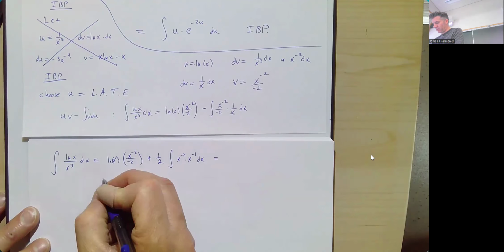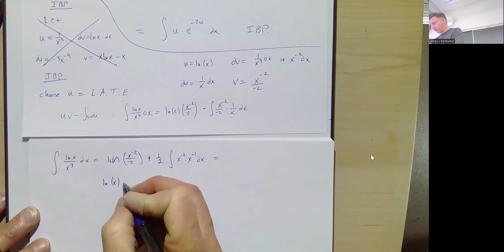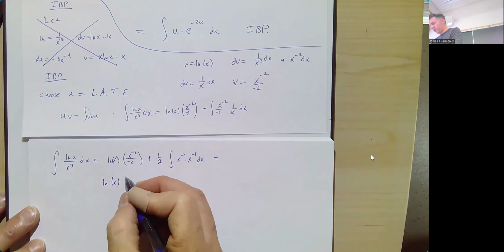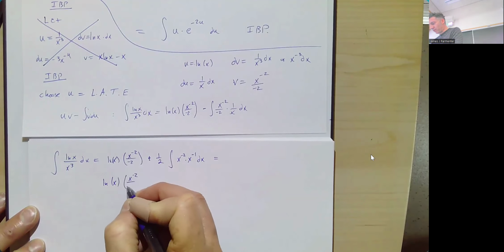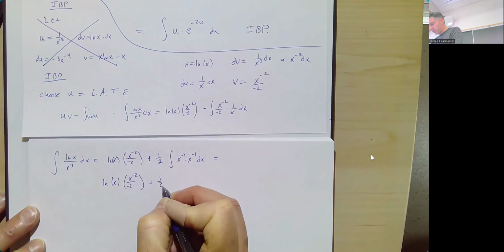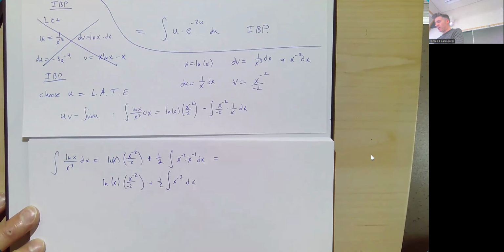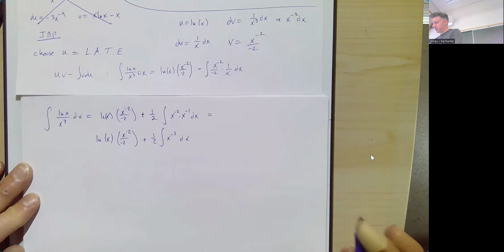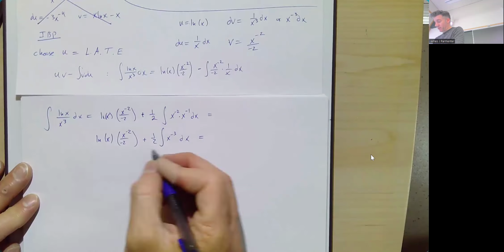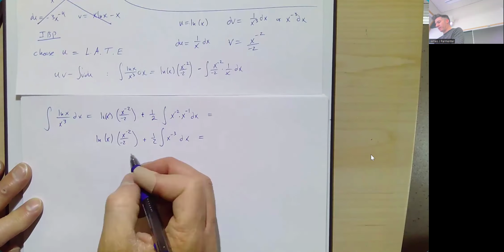Not that I would normally write all this, but I'm writing it just to show every single step. x to the negative second times x to the negative first is x to the negative third. And then finally we get to integrate the rest of it. Let's actually rewrite this as well.